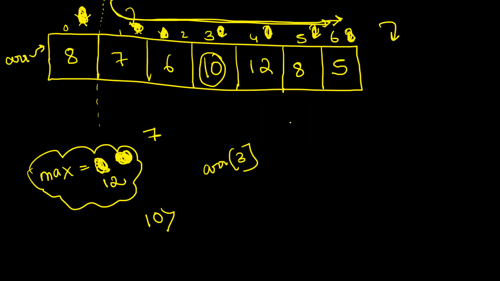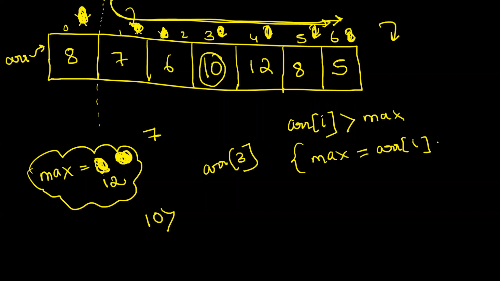Let's say I am standing on index number I. If I see that ARR of I is greater than max, then I will update my maximum. Boss, your maximum will be ARR of I. Okay. Else you will not do anything. Is this basic logic making sense? Max is our variable name.